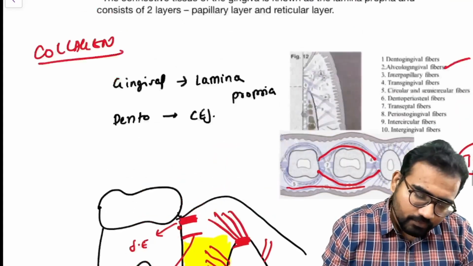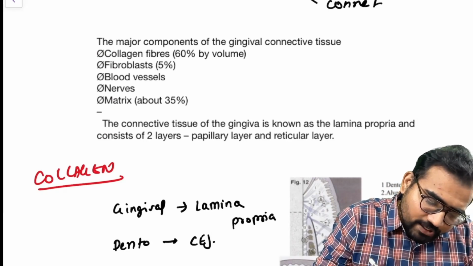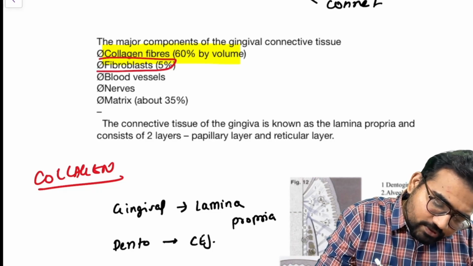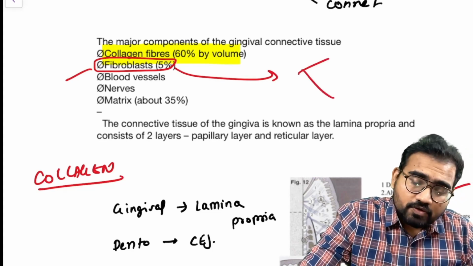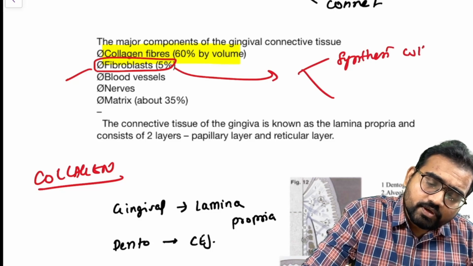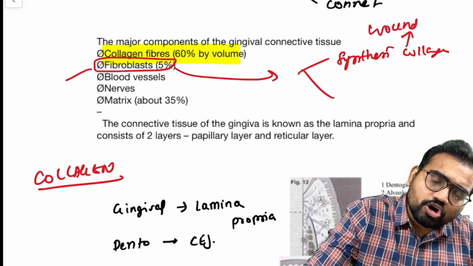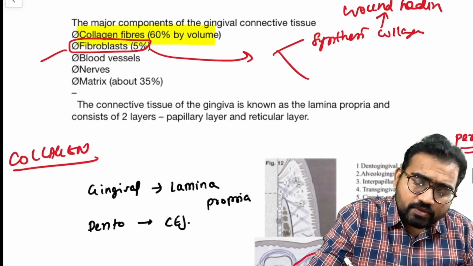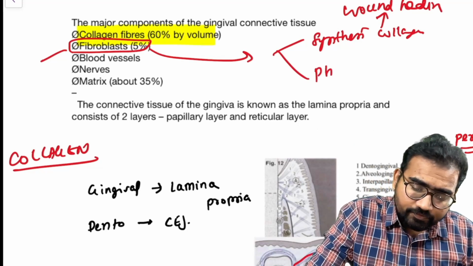Now, connective tissue is done. Next what you are going to see is the fibroblast. Fibroblast has two functions. One, it can synthesize collagen and help in wound healing or normal turnover. Another, it will extend phagocytic process.